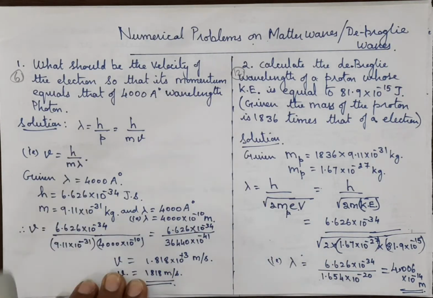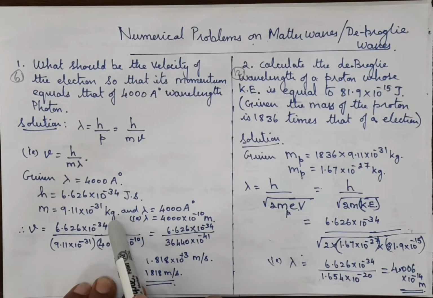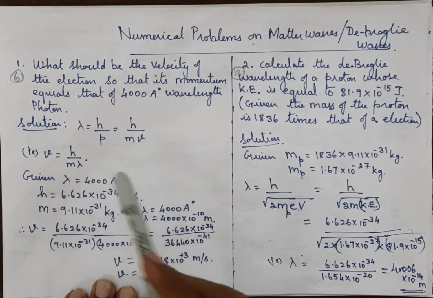h is Planck's constant. We know that it is 6.626 into 10 power minus 34 joule second. m is the rest mass of the electron, which is 9.11 into 10 power minus 31 kilogram. So we substitute in the formula h by m lambda.